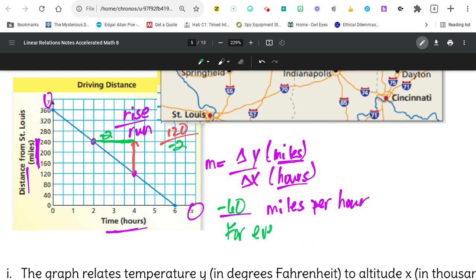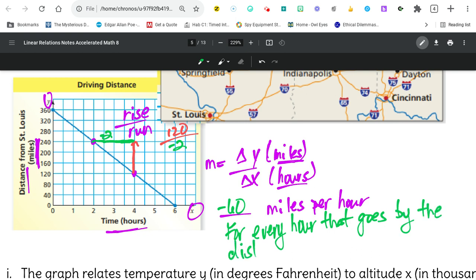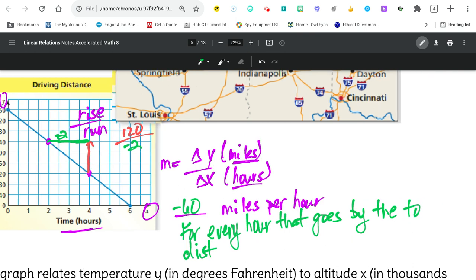For every hour that goes by, the distance, and I'm going to put the total distance, decreases by 60 miles.